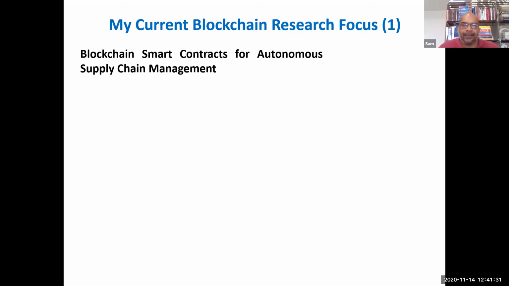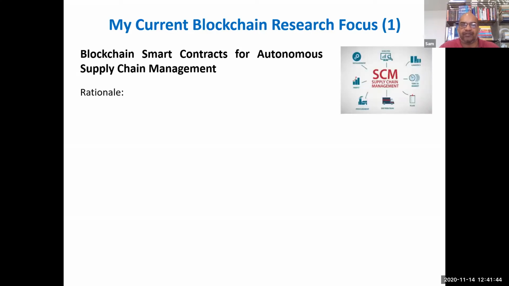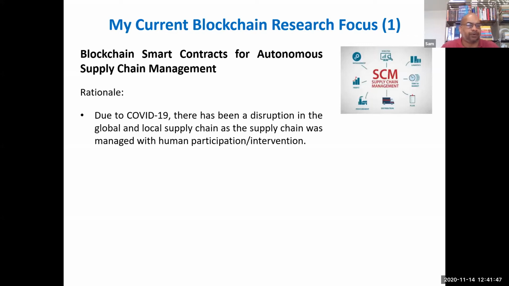So what can happen is that this supply chain management becomes autonomous. That is, with blockchain smart contracts, they work on their own without human intervention. Okay, so I've already explained the potential for this research focus, because what we want is, with the current pandemic and for any future pandemics and interruptions, should they happen, our supply chain should not get affected.